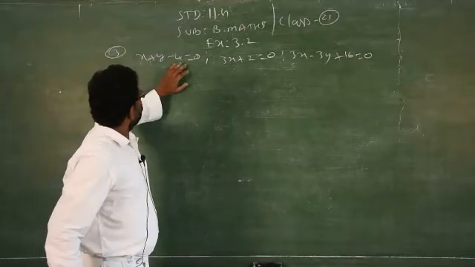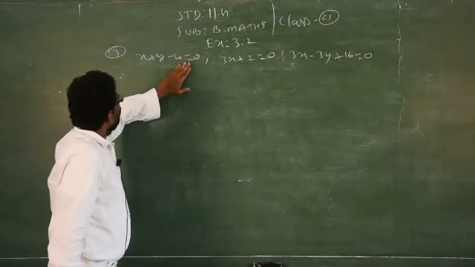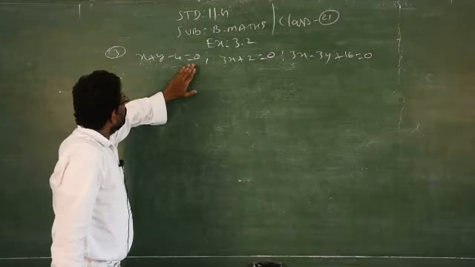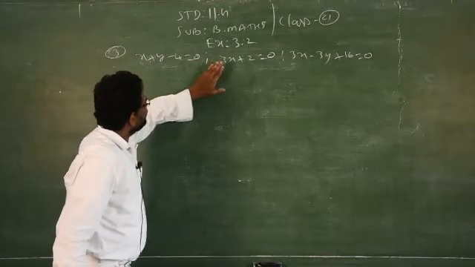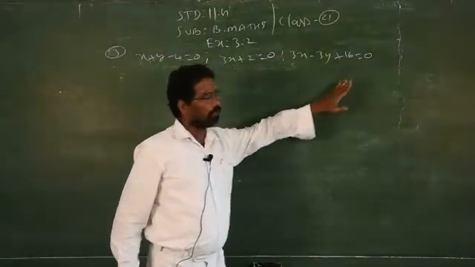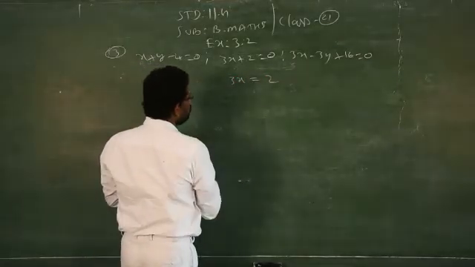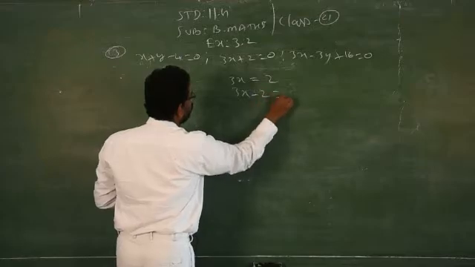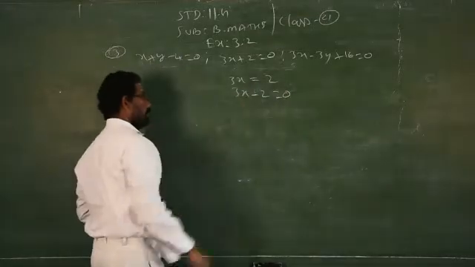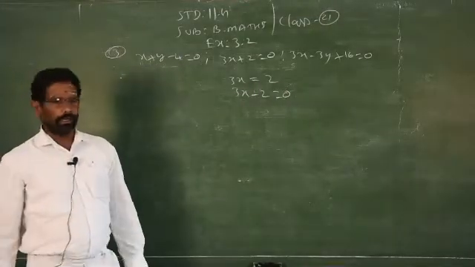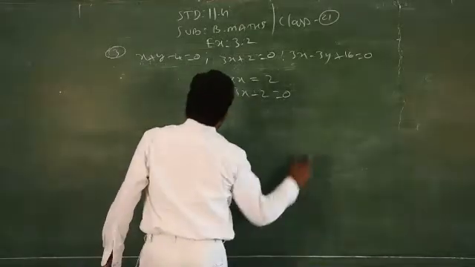So ensure there is no constant on the right hand side. It should always be 0. If it is given like this, 3x is equal to 2, then you have to bring the constant to the left side, and then bring it into matrix format. Clear?